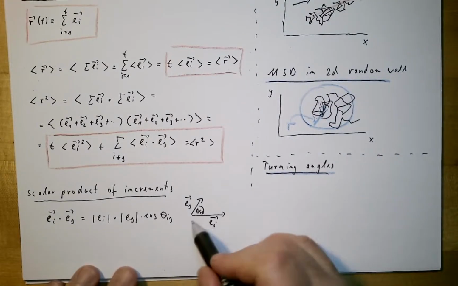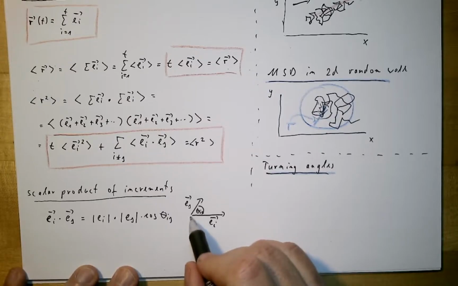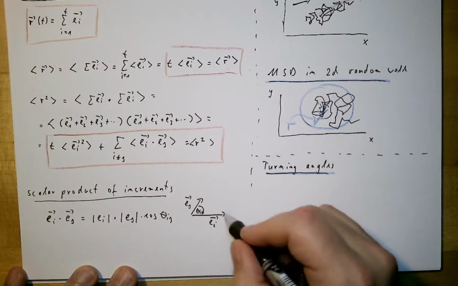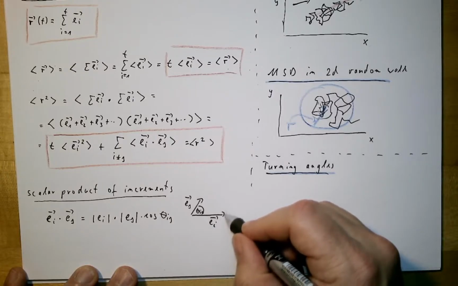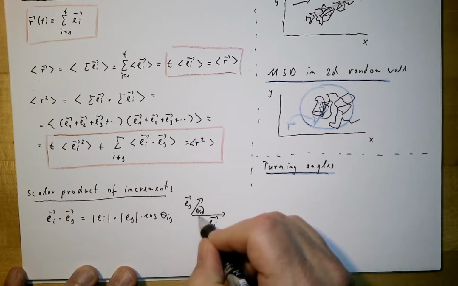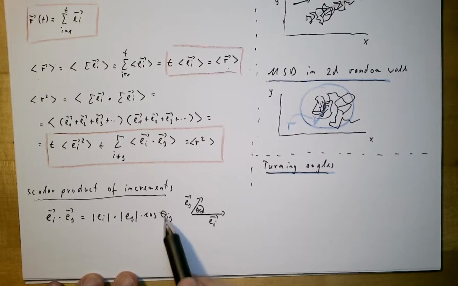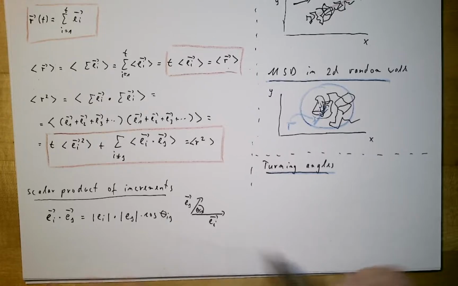Because like our walker was at some time going in this direction, and then at a later time is going in this direction, and so he has turned around this angle theta here. So these angles are the turning angles.